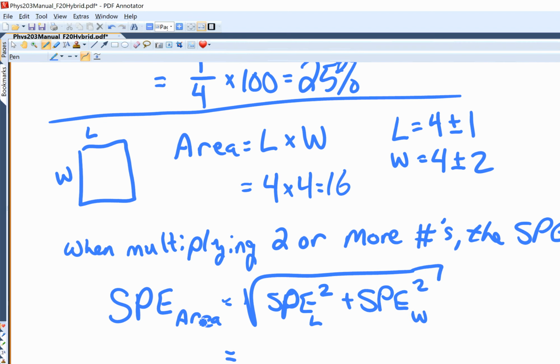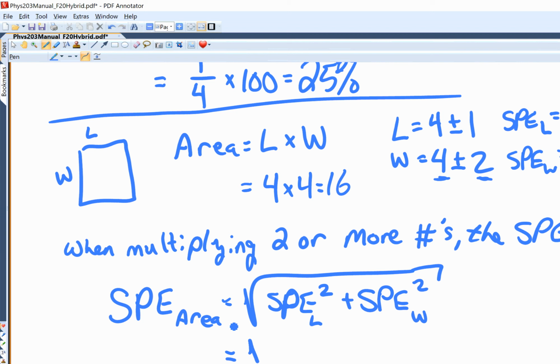So if I want to do that, I can find SPE up here. I'm not going to write out the numbers, but we've already done the SPE for the 4 plus or minus 1. That was 25%, 1 divided by 4 times 100. Here, this is 50%. I would say 2 divided by 4 times 100. That's 50%.